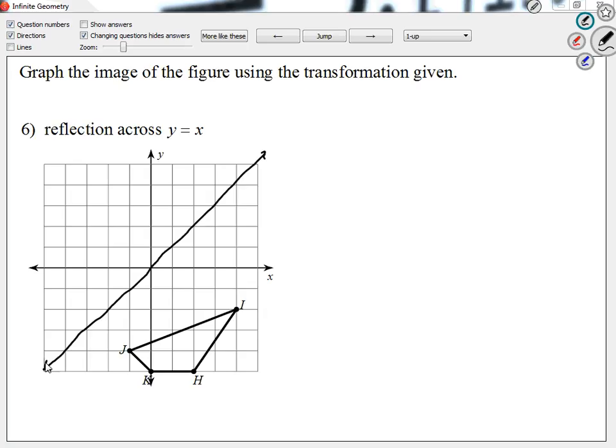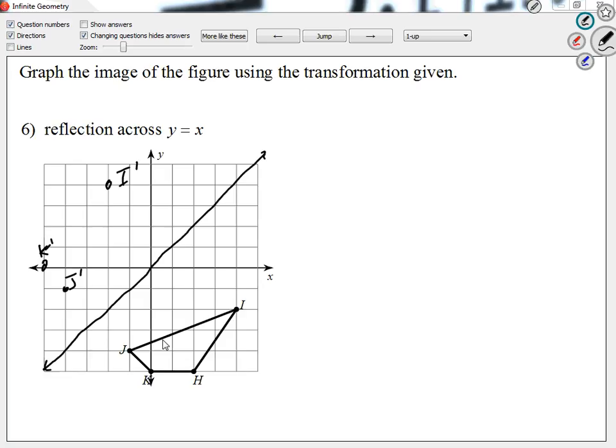Looking at J, it is 1.5 spaces away from the line. So J prime will be 1.5 on the other side. I'm going to go half and 1 more. So J prime is there. Looking at I, it is 1, 2, 3 spaces from the line. So it should be 1, 2, 3 spaces on the other side. K is 2.5.